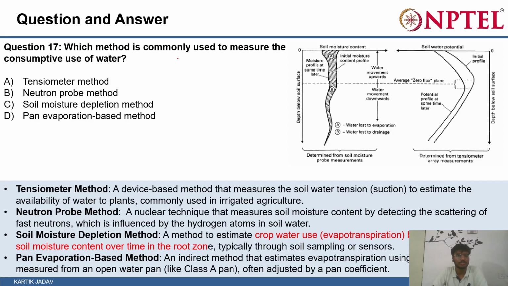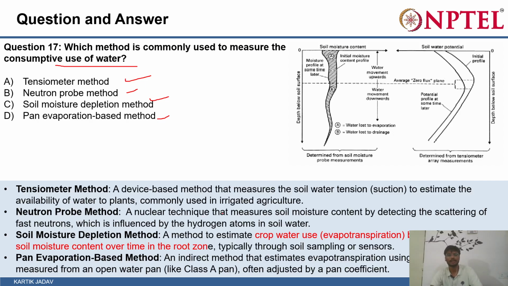Question 17. Which method is commonly used to measure consumptive use of water? Tensiometer, neutron probe method, soil moisture depletion method, or pan evaporation method. We know that a tensiometer is a device used to measure the soil water tension, basically how strongly water is held to the soil. Neutron probe method is again a soil moisture measurement technique.